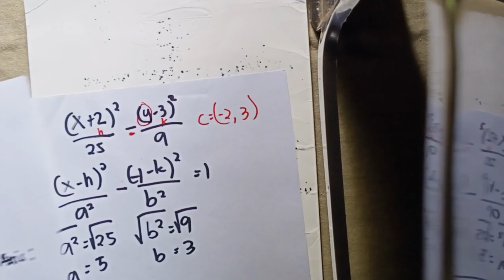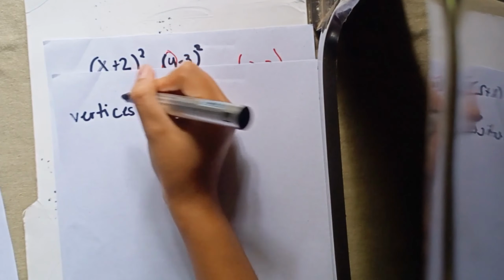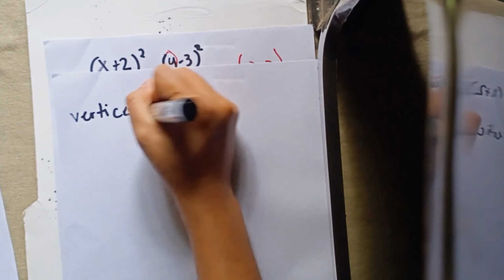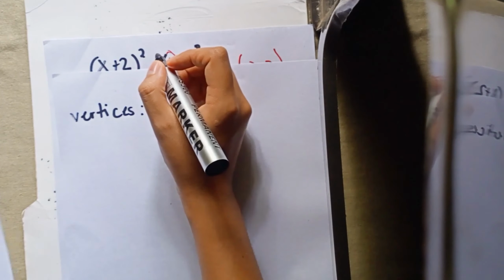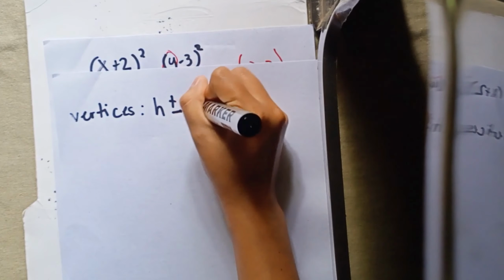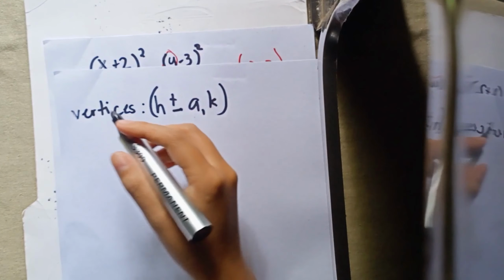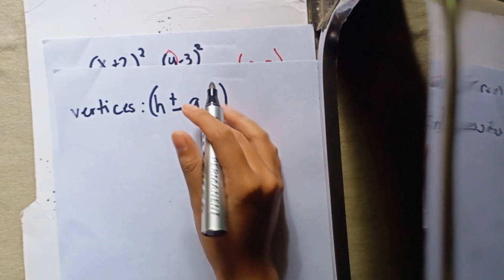So the formula to find the vertices is (h ± a, k).